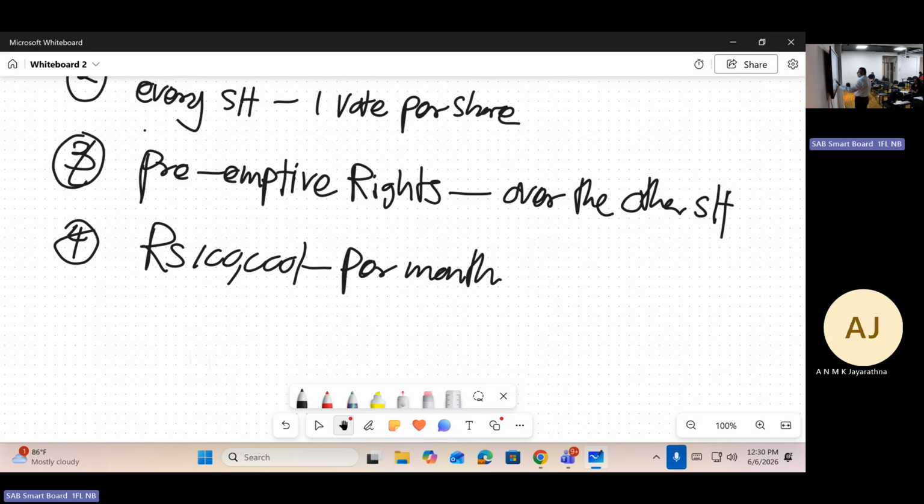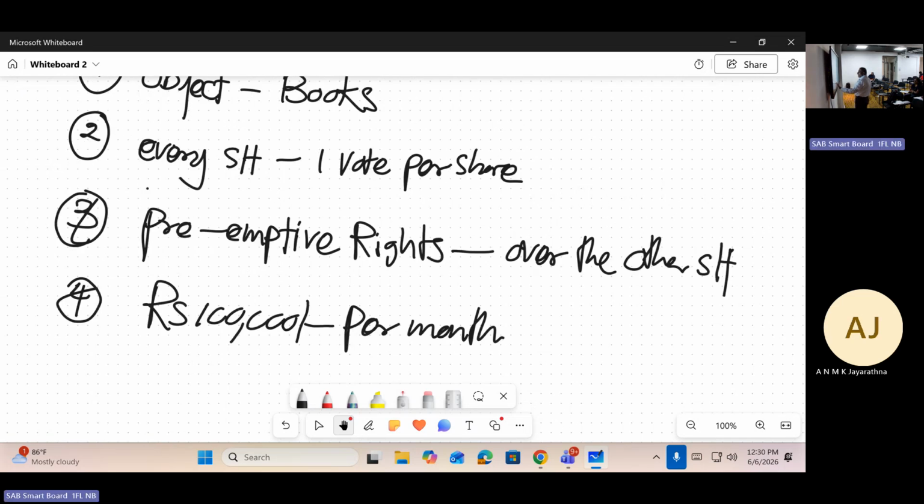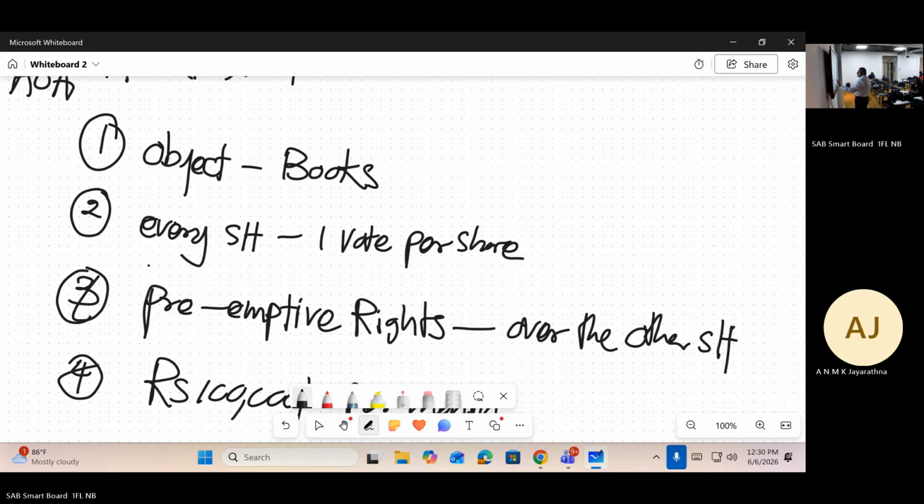Right now, there are 4 provisions in this article. One is every shareholder is entitled to cast one vote per share. Every shareholder has a preemptive right over the shares of the other shareholders.